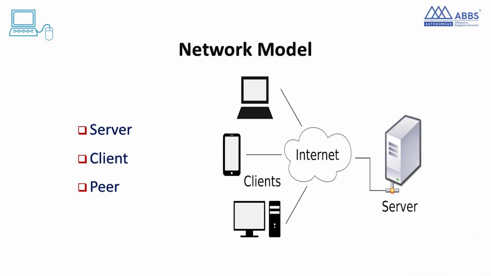Now we understand the concept of server and client. The machine which is providing the service is called the server, and the computer machine which is receiving the service is called the client. And there could also be a computer which acts as both server and client, and that machine is called a peer. Now you set up various workstations based on the type of network connections you want.